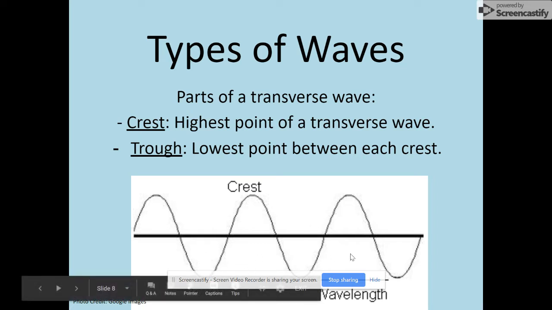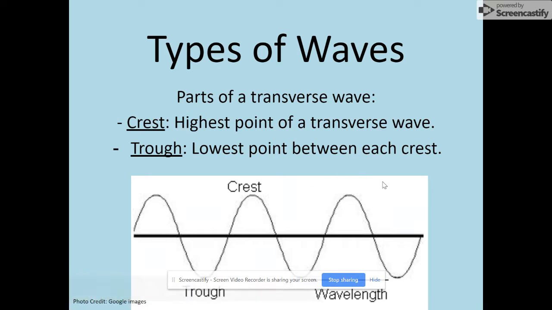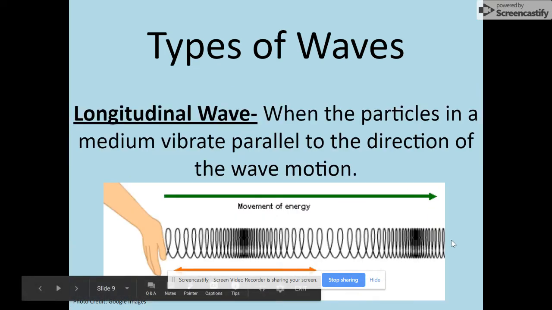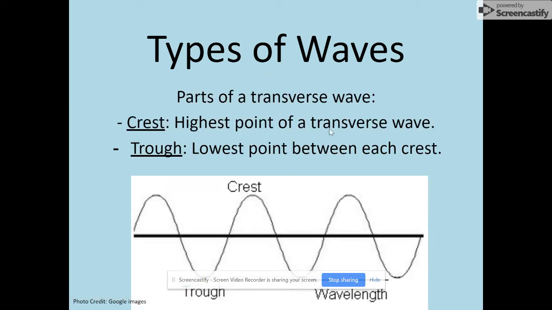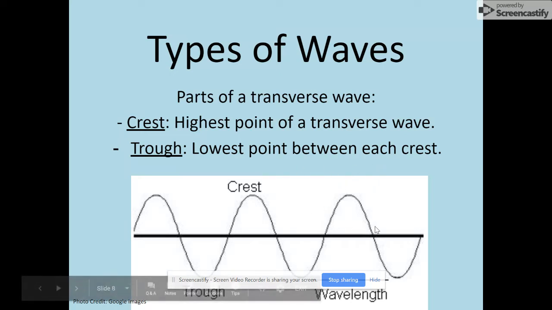Any of these bottom portions is a trough. And then the wavelength is the distance between two crests or between two troughs. The wavelength can be measured on top or on bottom, even though it's only labeled on bottom in these notes.